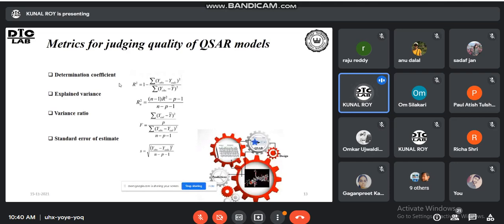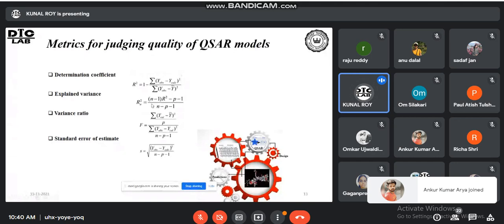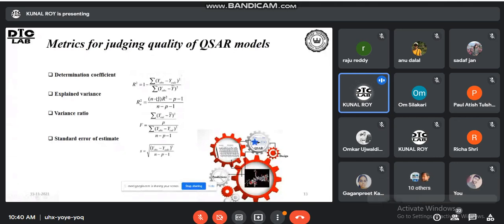With a higher number of descriptors, the model has more freedom. QSAR is a statistical fitting, so the requirement is that the number of data points should be higher and descriptors should be lower to have a statistically meaningful model. If we look at the adjusted R square expression, you will see we have the number of compounds N here and the number of descriptors P here.